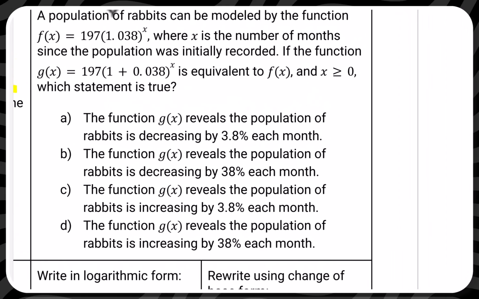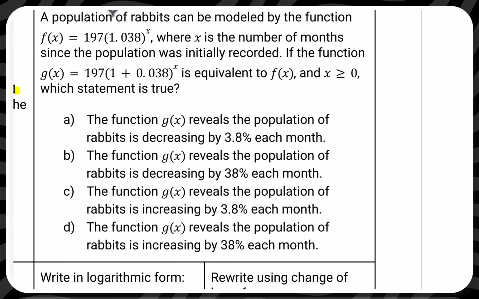All right, this one over here, hopefully it will actually be written out like this on your EOC, but there's no guarantees. If it looks like this, you know that it's going to be a growth because obviously you're adding something to 1. But they did separate it for you right here. You know that you are adding exactly 0.038. If that was a decay, you would probably have to figure that out on your own.